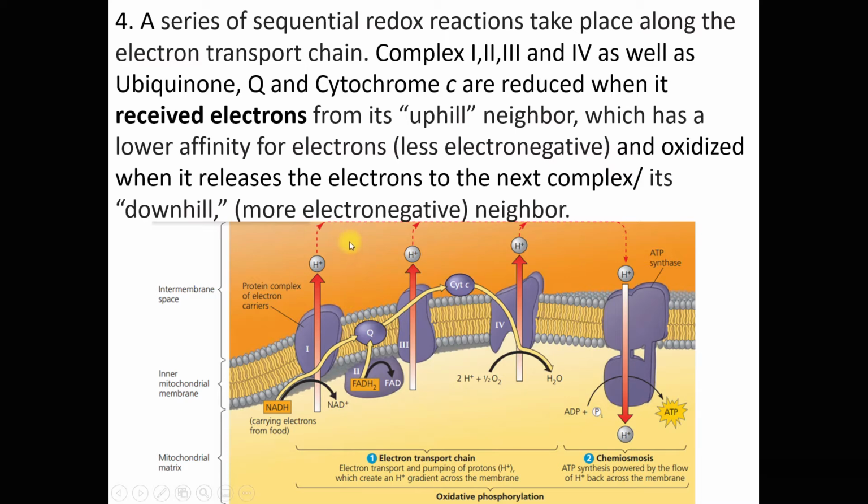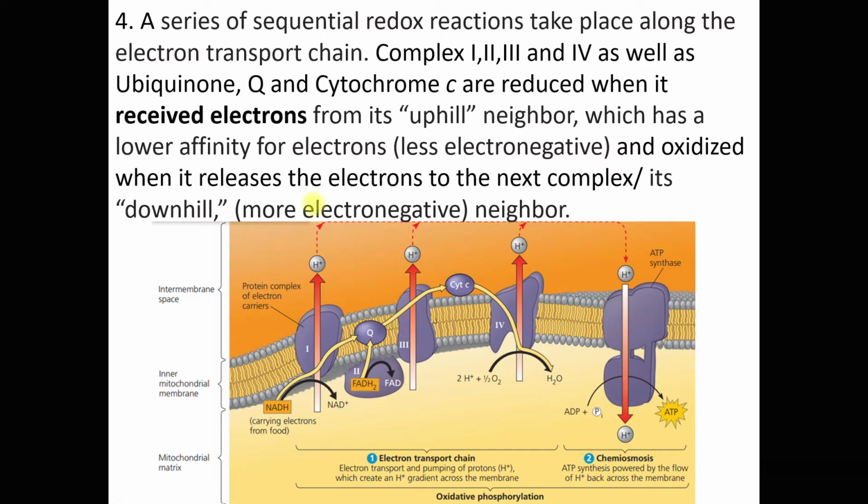This means complex 1, 2, 3, and 4, as well as ubiquinone and cytochrome C, are reduced when they receive electrons from their uphill neighbor. For example, when ubiquinone receives electrons from its uphill neighbor, complex 1, ubiquinone is reduced. Then when ubiquinone passes the electrons to complex 3, what happens? Ubiquinone is oxidized again, and complex 3, when it receives electrons from ubiquinone, is reduced.